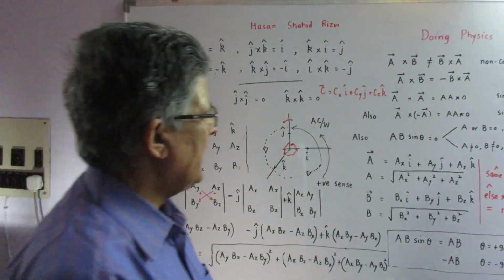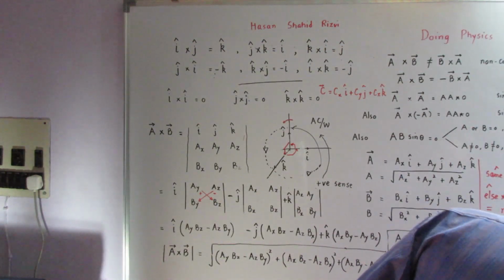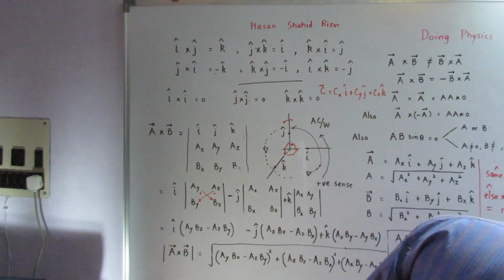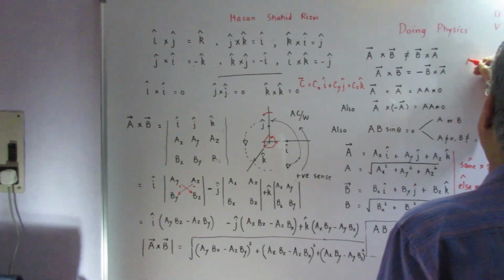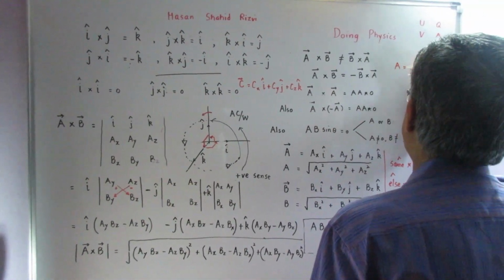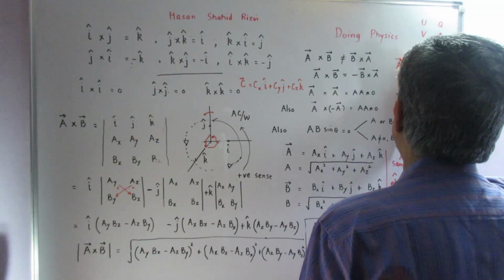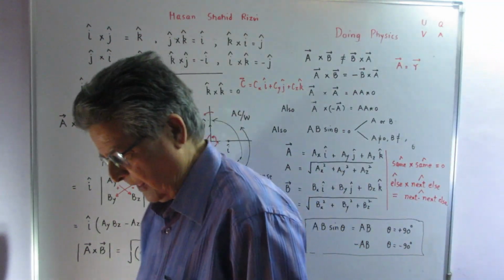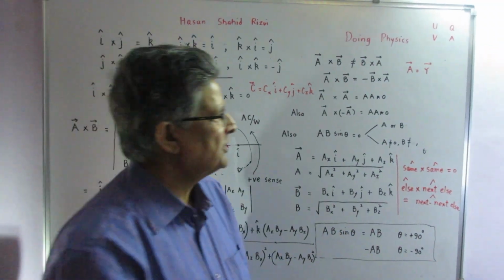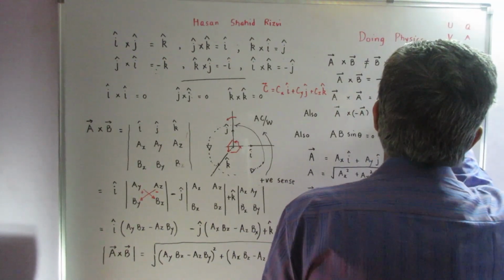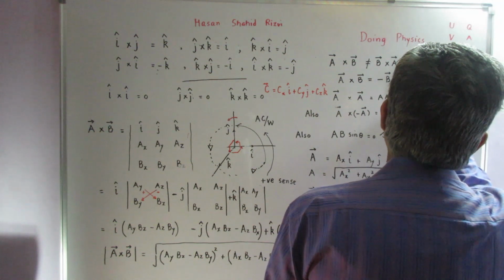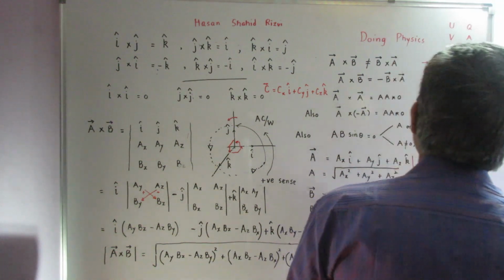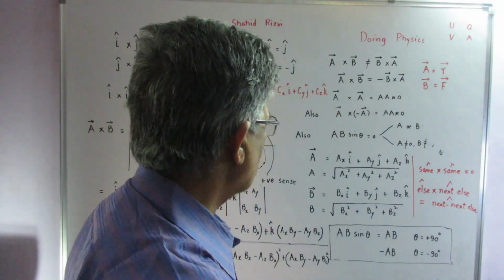Suppose my A is, for example, the displacement vector R, which is in meters, and my B is equal to the vector F. So we can define R cross F.